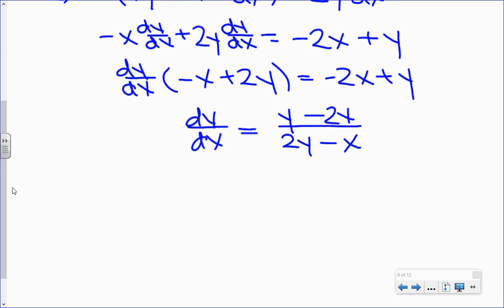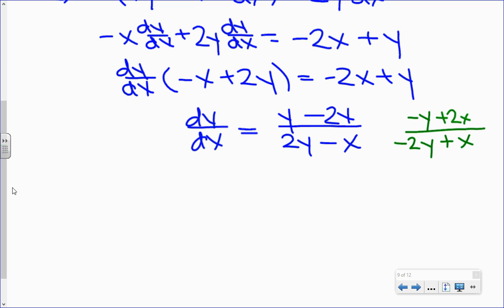Also keep in mind that if you decide to put your dy dx's on the opposite side of mine, then your equation could look different. If you would have put your dy dx's on the right side, then your equation could have been negative y plus 2x over negative 2y plus x.